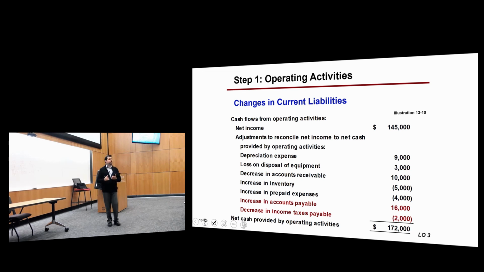You have a decrease in income tax payable. Why? It means that simply you paid taxes, all the taxes of this year, but you also paid taxes from last year that were remaining from last year. So what happens? You paid more than you actually recorded as tax expense, right? You paid more.